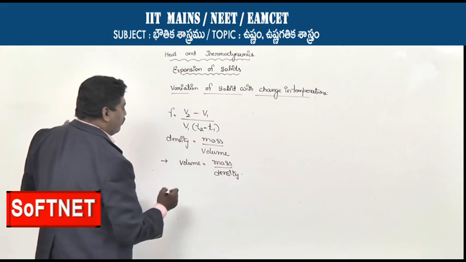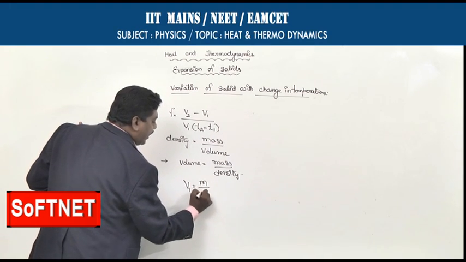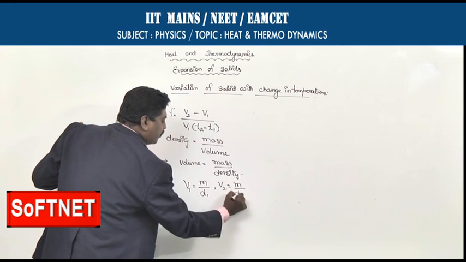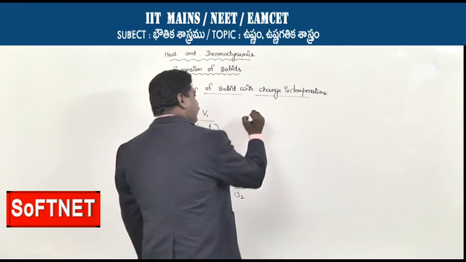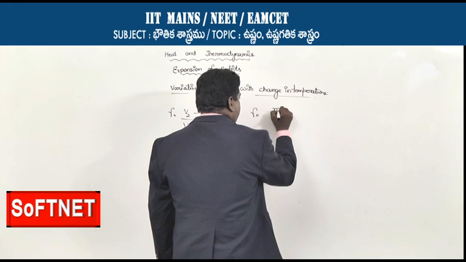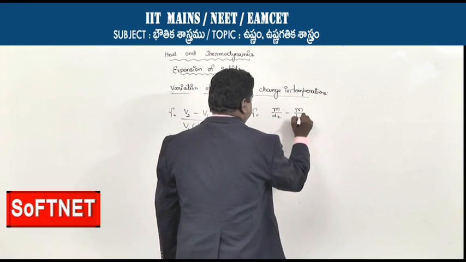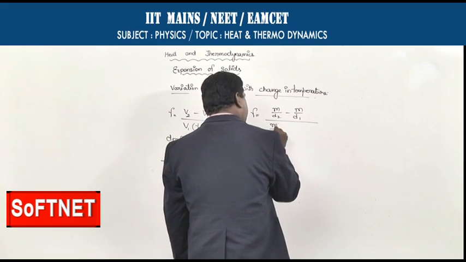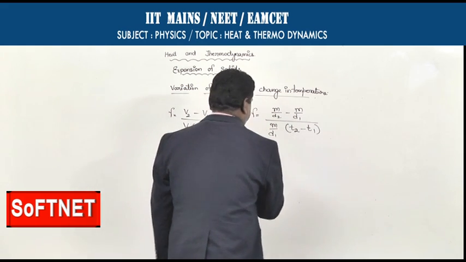Using this relation, we are having V1 equals m by d1 and V2 equals m by d2. On substituting these values, we have gamma equals (m by d2 minus m by d1) divided by (m by d1) into (T2 minus T1).